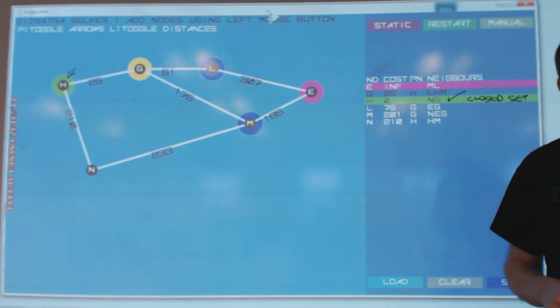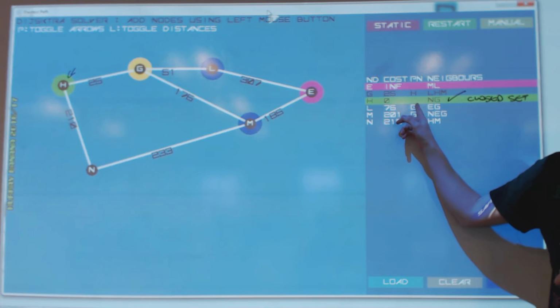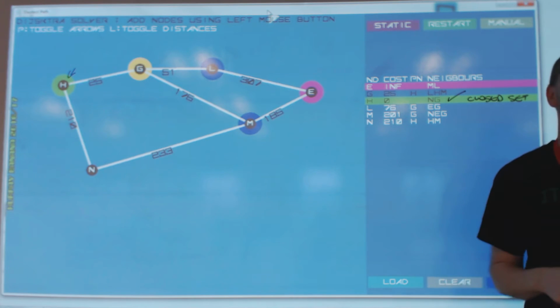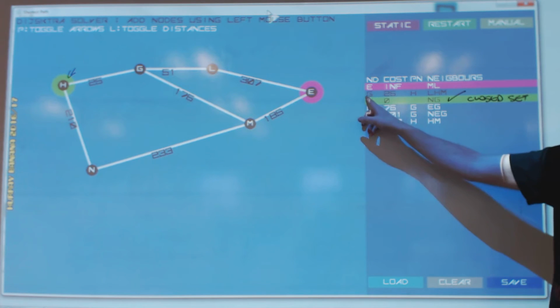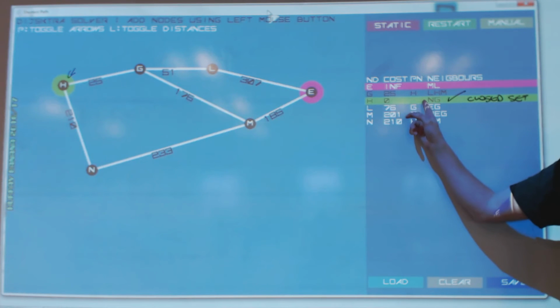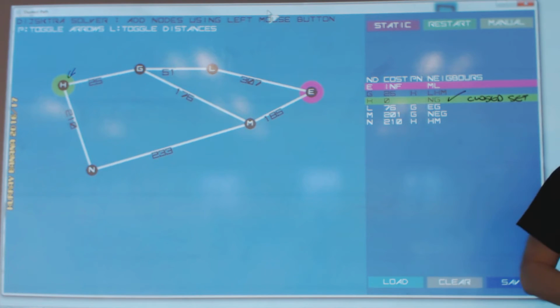The closed set is just a list of all the nodes that we've visited, physically been to and examined. So we started at H, so it immediately went into the closed set. You can see G, and I marked these in black. G, because it's the one I'm visiting, we put in the closed set, so it won't take part in any more investigations.